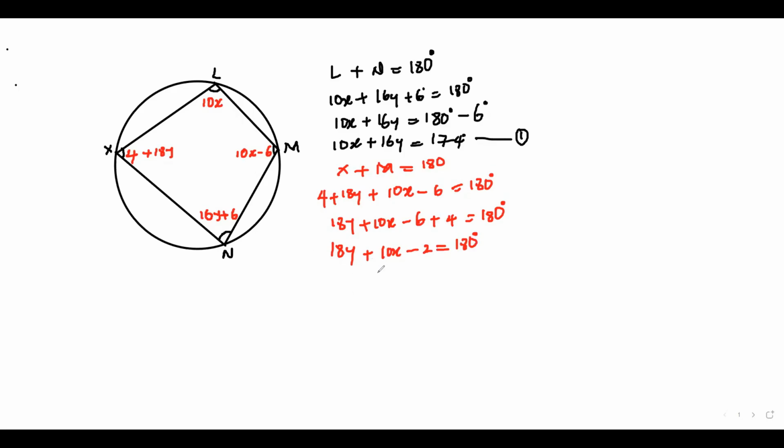Beautiful. So we can take minus 2 to the other side and it becomes 18y plus 10x equal to 180 plus 2 degrees. Don't mind, everything we're dealing with here is in degrees. So we have 18y plus 10x equal to 182 degrees. So this is our equation 2.